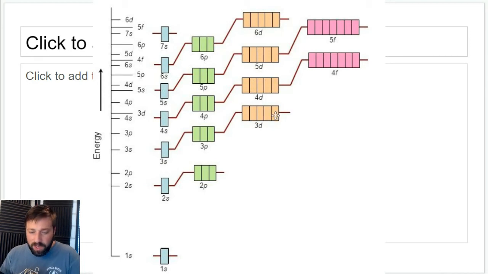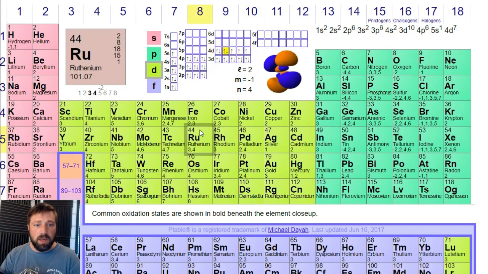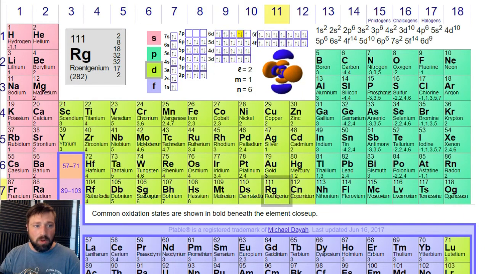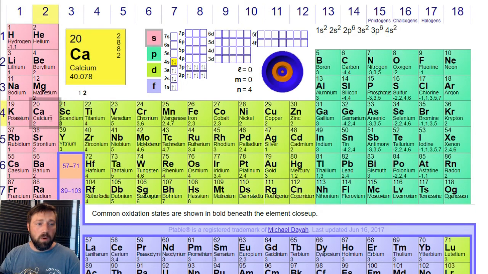Why is it that way in non-allegorical terms? It's because 4s is actually just a little bit more stable than the 3d. When you start getting into d orbitals, these are just a little bit more unstable than your 4s orbitals. These guys are just spheres.